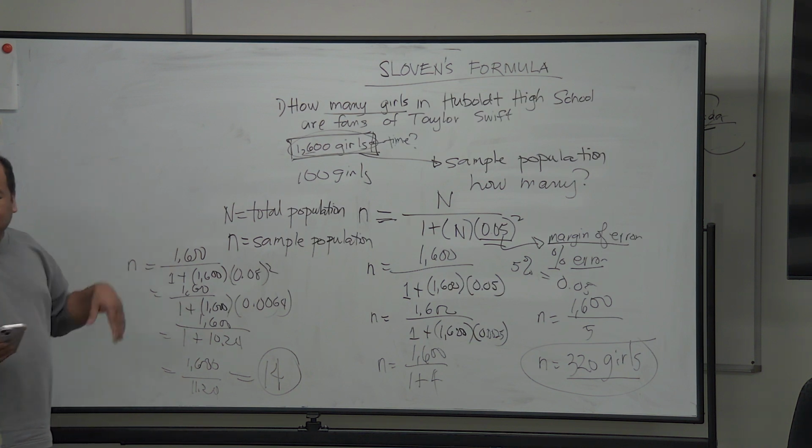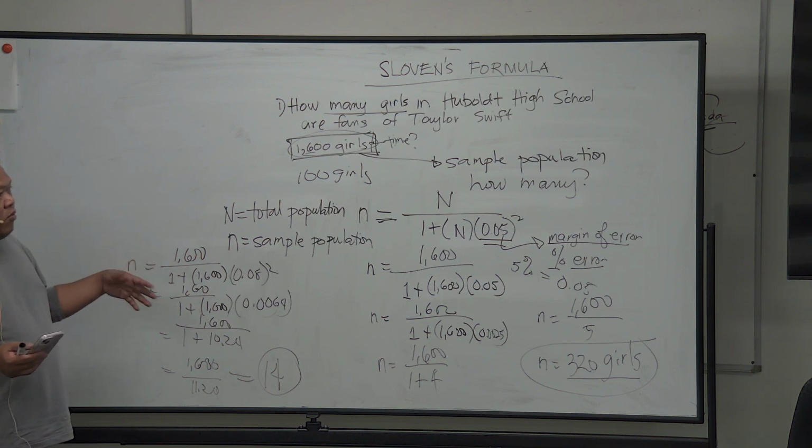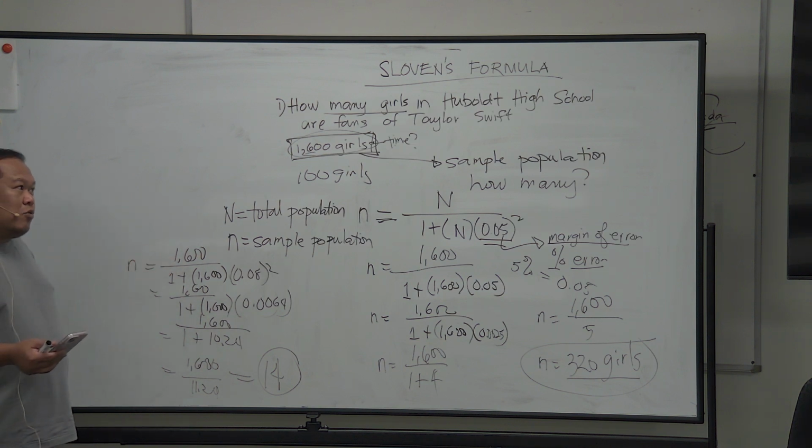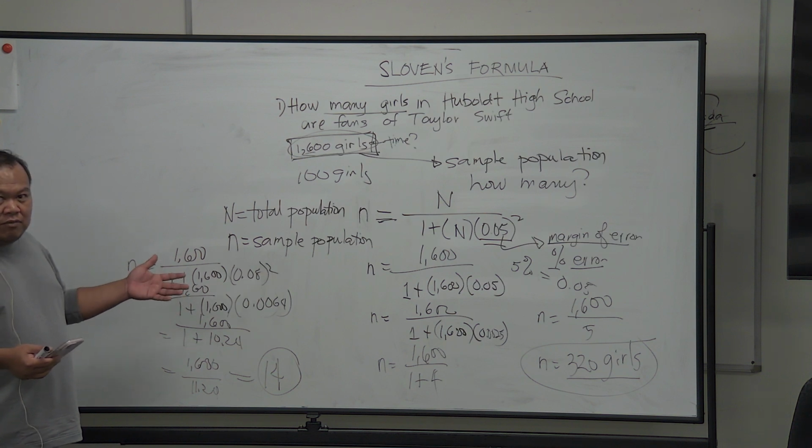So this is just the basic of how you compute Slovin's formula. Now, why Slovin's formula? Number one, Slovin's formula is the easiest way to compute a sample population, especially in social science and in business research. Number two, Slovin's formula is not just easy, it also gives you a chance to identify your margin of error, whether you have a 5%, a 6%, a 7% margin of error.